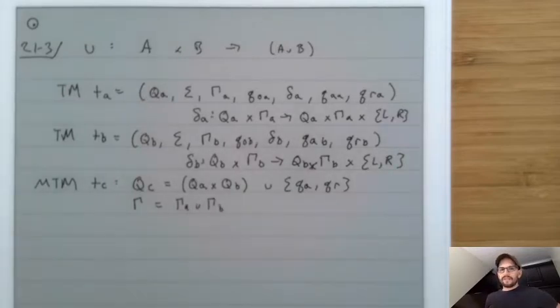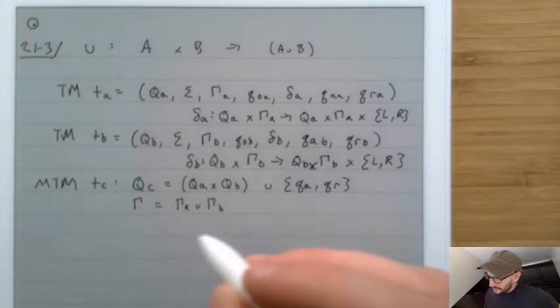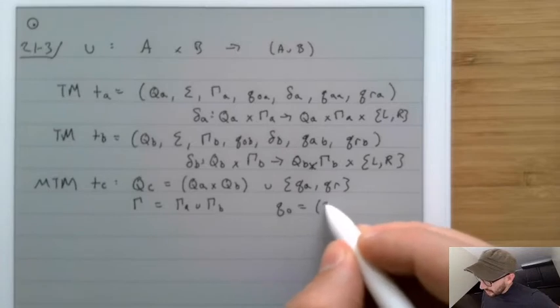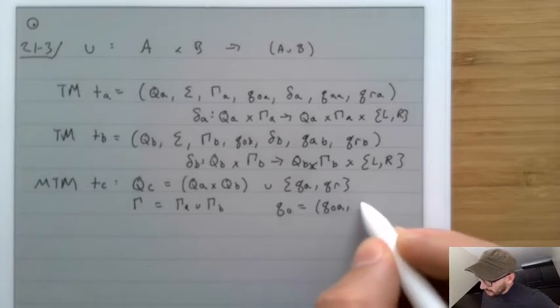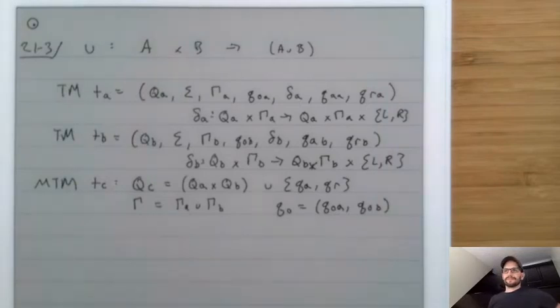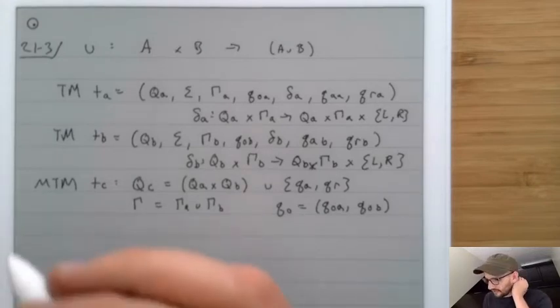Okay, then we have to say what Q0 is. So we'll say that Q0 is that we're going to start in Q0A, comma, Q0B. So we start in the two different machines. All right, then what are we going to do? Well, now we have to write the delta function. So here's the delta function.